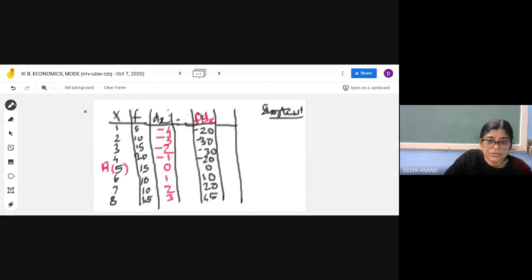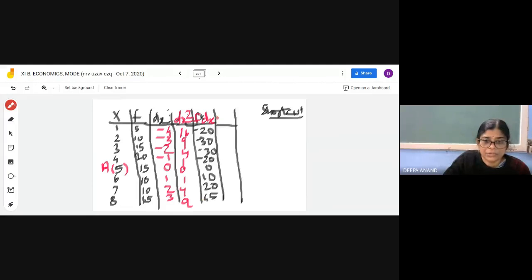So this is dx square over here: 16, 9, 4, 1, 0, 1, 4, 9. This is the dx square.